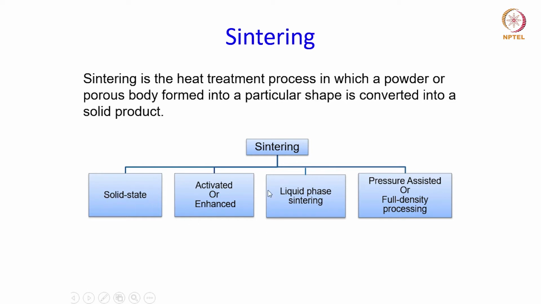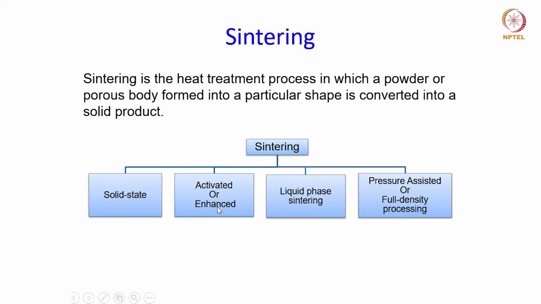And these are as follows. Solid state sintering, which is basically sintering a solid mass of powder to densify it and give rise to a solid dense product. So this happens all in the solid state itself, and you can have some variants of this solid state process.